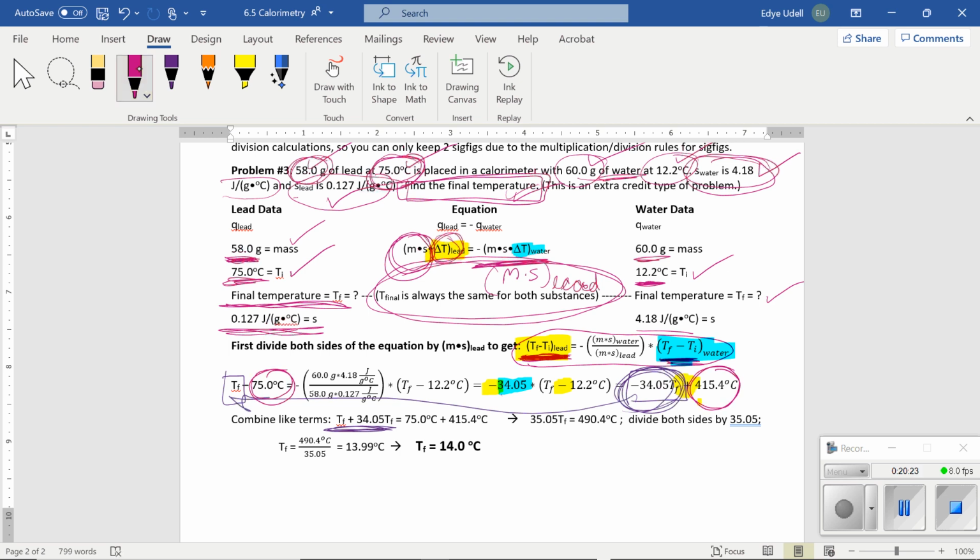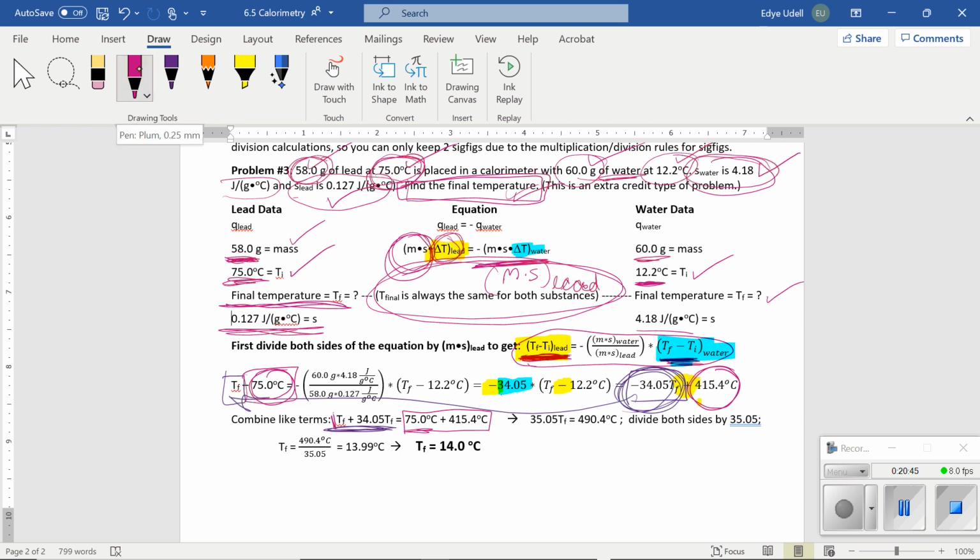So I'm going to add, because there's a negative here, I'm going to add 75 degrees Celsius to both sides. So it leaves this side and comes over here. So my right side becomes this quantity of degrees Celsius. The left side becomes this quantity of TF. When I add these together, this is just right here, that's just 1 TF.